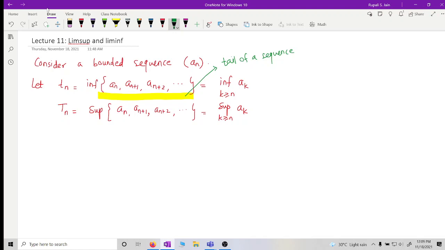For example, let a_n be 1 by n. Is this a bounded sequence? Yes, ma'am.